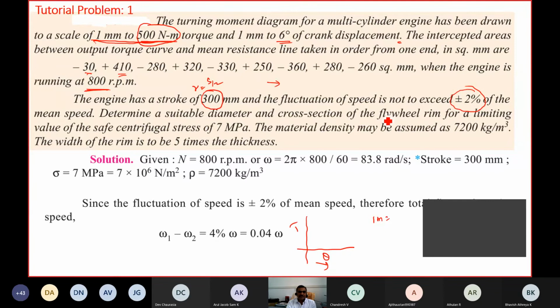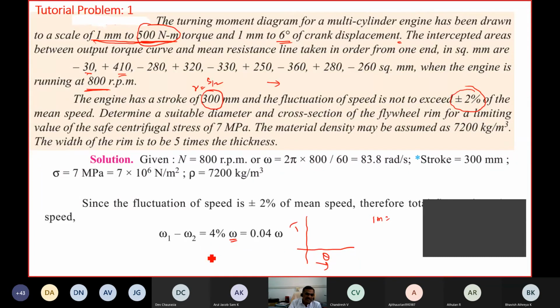The speed varies from N1 to N2, that is plus or minus 2%, which means 4% in total. It goes 2% above and 2% below the mean speed. From this you can find the value of CS.